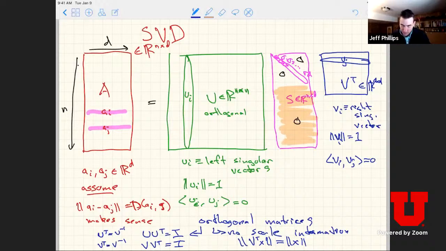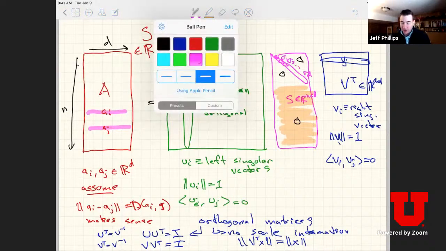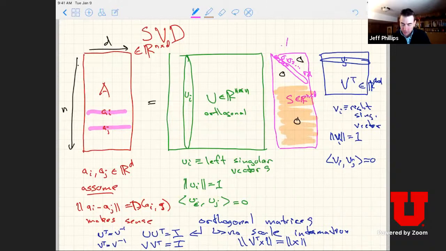Okay, now the scale matrix controls all scale information about A. And I'm going to have the property that these singular values are going to be ordered. Sigma 1 is equal to S11, the first entry in the first row, and similar on the diagonal.